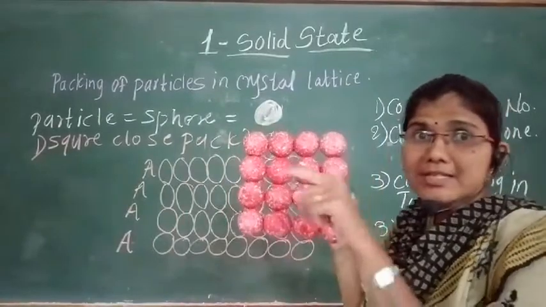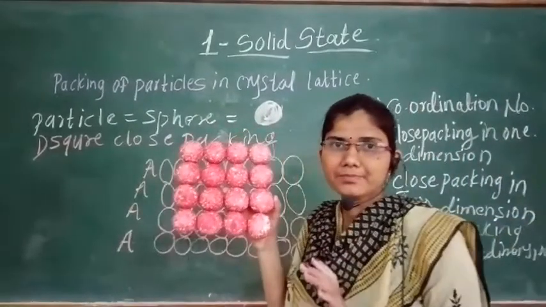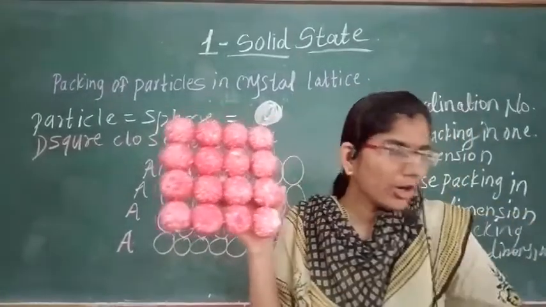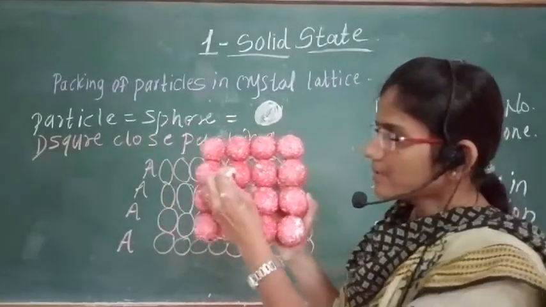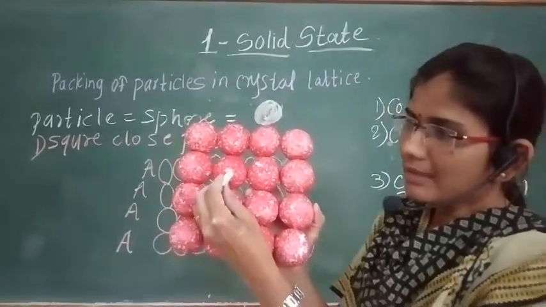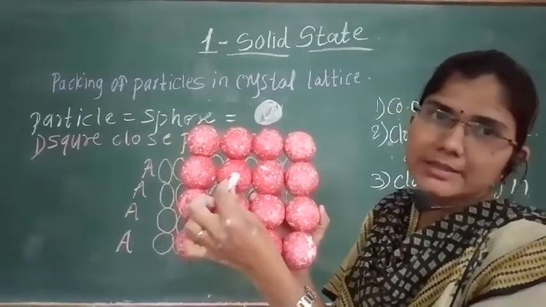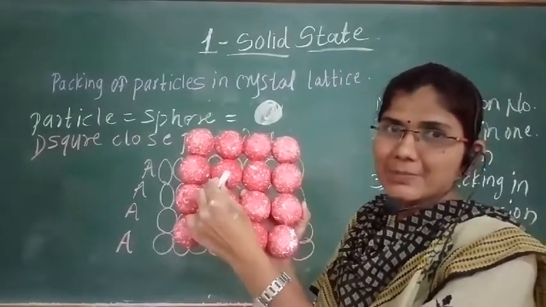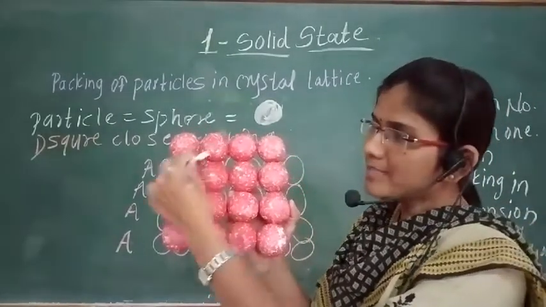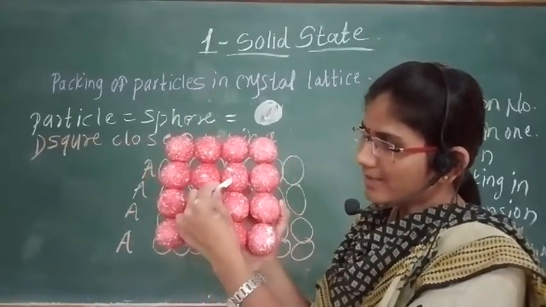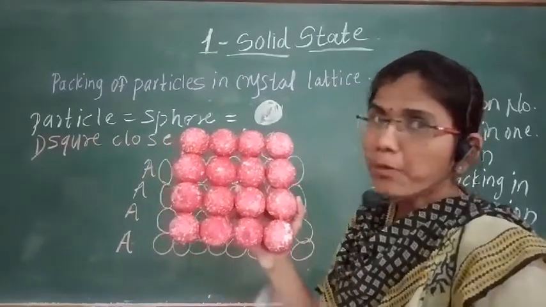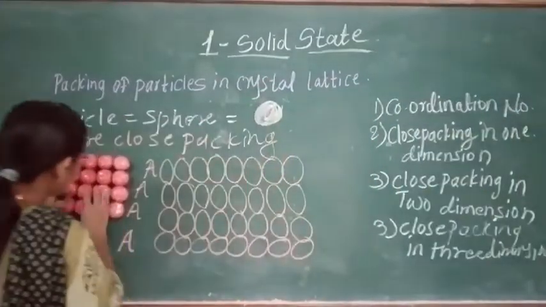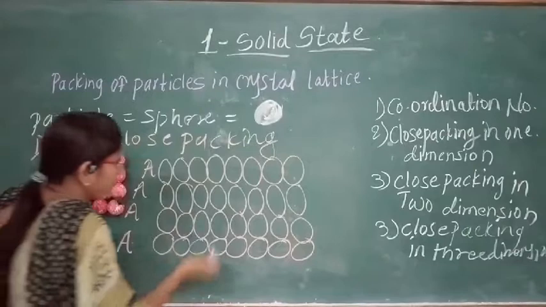Because if we see here, what is the coordination number of these spheres? Suppose this is one of the spheres. Coordination number means this single sphere is attached to how many spheres, and this sphere is attached to four other spheres.